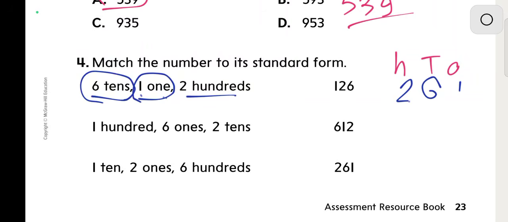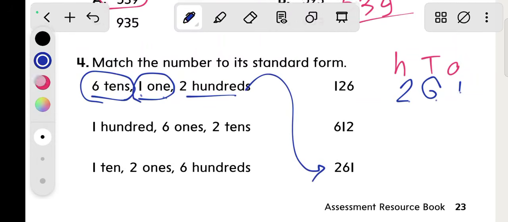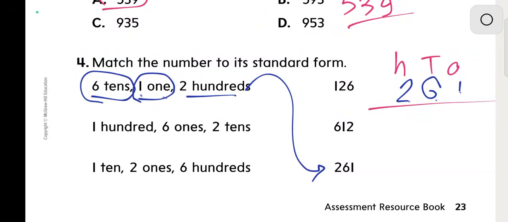So it's 261, so you have to go here. Okay, another one, HTO. 100, so in the hundreds place we have to put 1. 6 ones, so in the ones place you have to put 6. 2 tens, so in the tens place you have to put 2. How can we read it? 126.